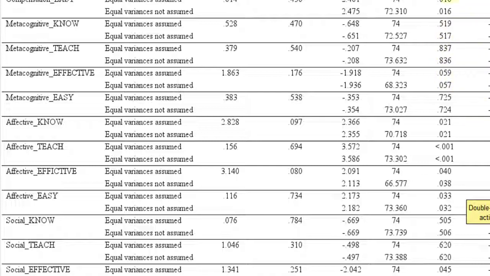So there's compensation. Yep, you had some there. Metacognitive effectiveness, borderline. It was relatively close to the difference being significant. But now we're at effective, significantly different. In effective, no. Teach. Effective, I misspelled effective there, sorry. So there was a significant difference in the effective scores too.